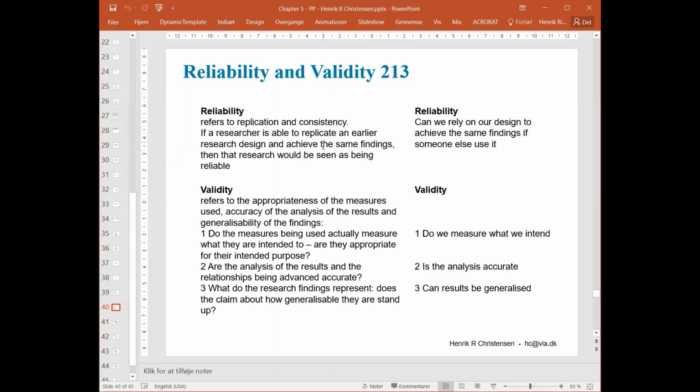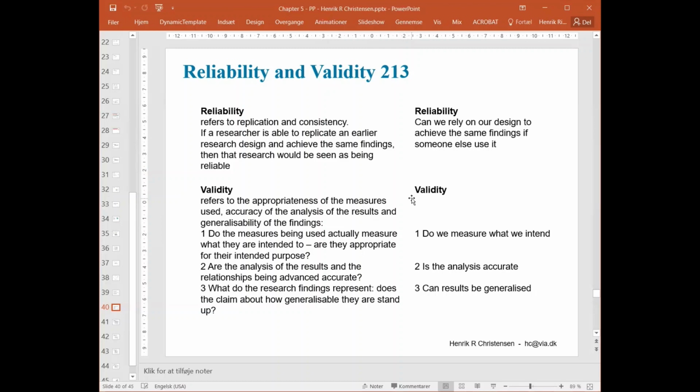It's the same thing as it says over here. I just try to shorten it down. And so that's about how we're doing things. And can somebody else, if they replicate what we have been doing, will they also find the same things that we did? So that means that it's reliable what we do.